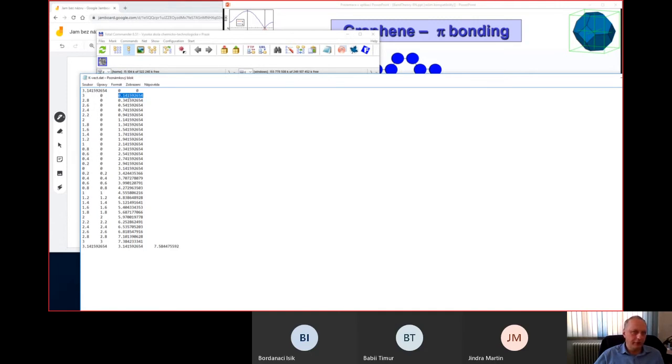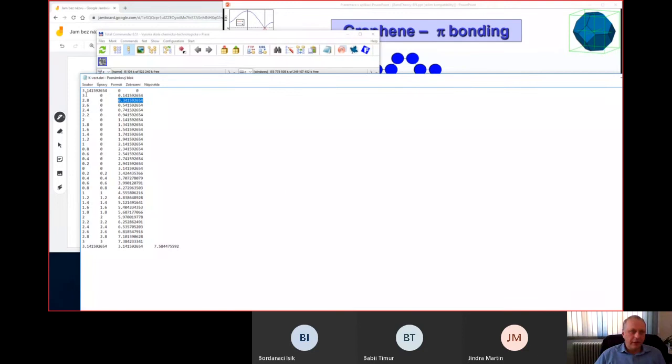So it is 0.14. Then we continue to here, and it is 0.34. So we gradually sum the distances between the nearest points, so that we obtain the one-dimensional graph.